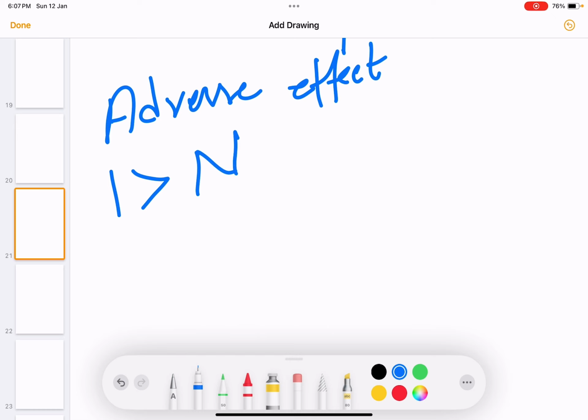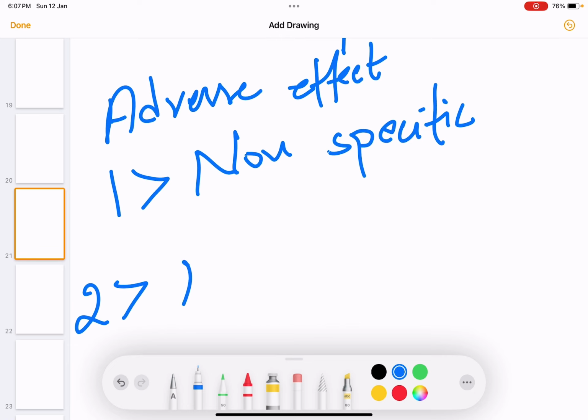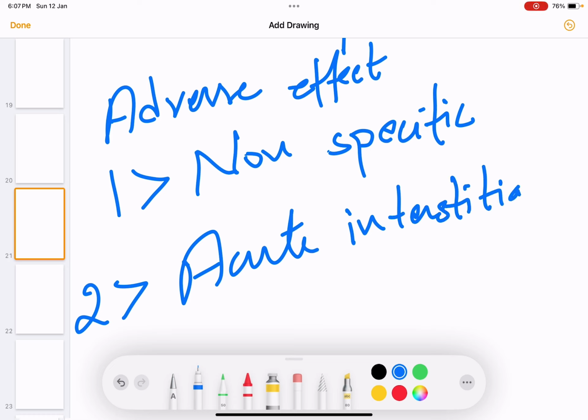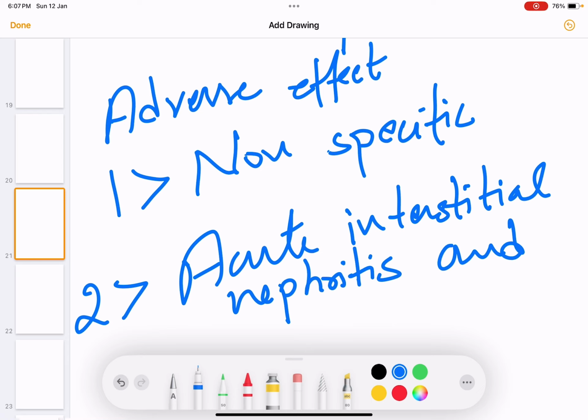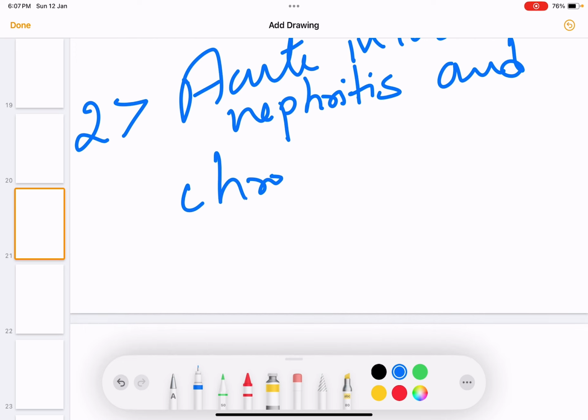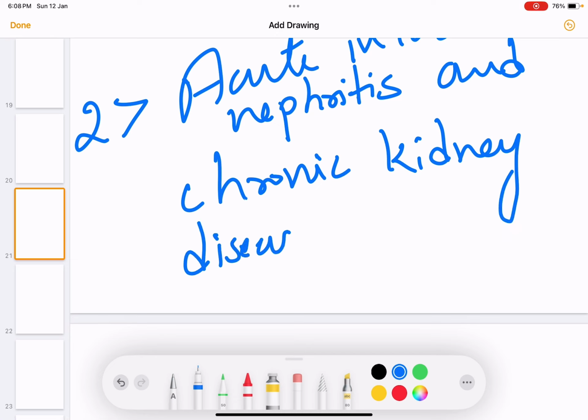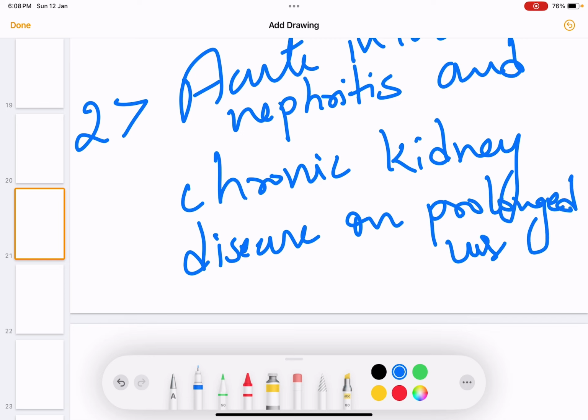First, there can be non-specific adverse effects such as headache, myalgia, abdominal pain, loose stools, etc. Second, there is increased risk of acute interstitial nephritis and chronic kidney disease on prolonged use. So prolonged use of proton pump inhibitors should be avoided.